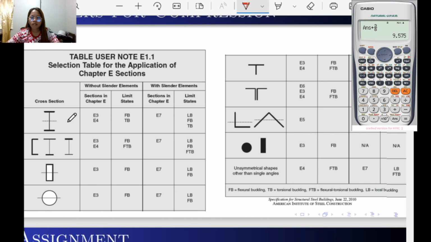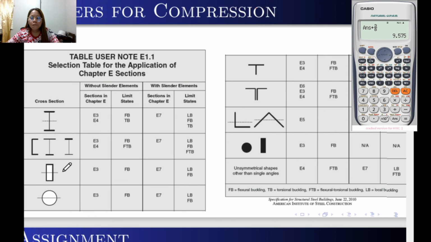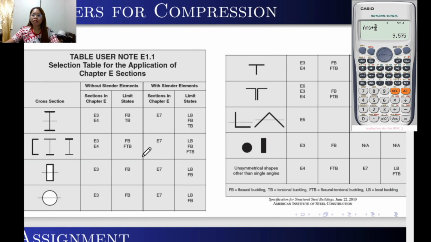In this section, no, and another is this section. This is the built up shapes, no. Right, and so on, so forth. Then the unsymmetrical shapes other than single angles can be found in E4.